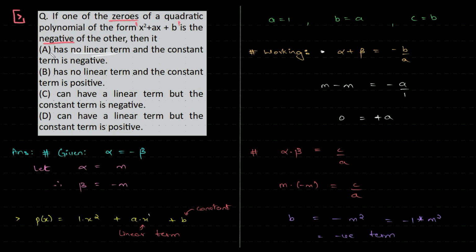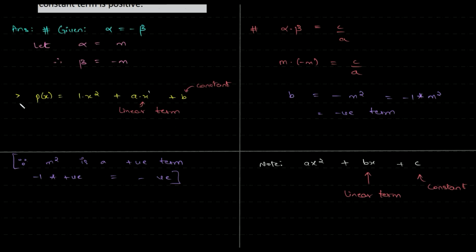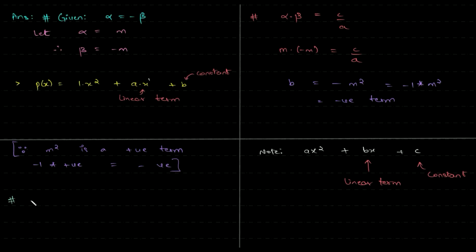Okay, now let's look at the option. There is no linear term. See, a is 0. So let's substitute all of this. Therefore, p of x is equal to x square plus 0 into anything, which is 0 itself. And we have b, which is a negative term.